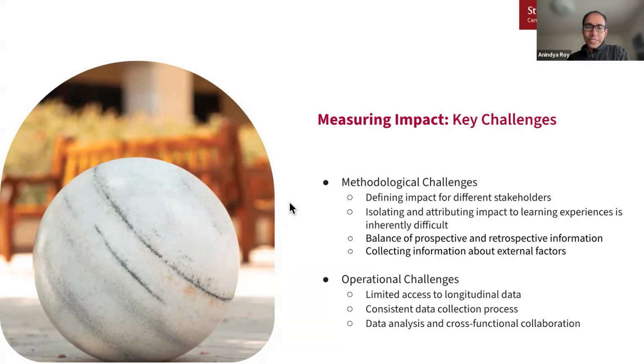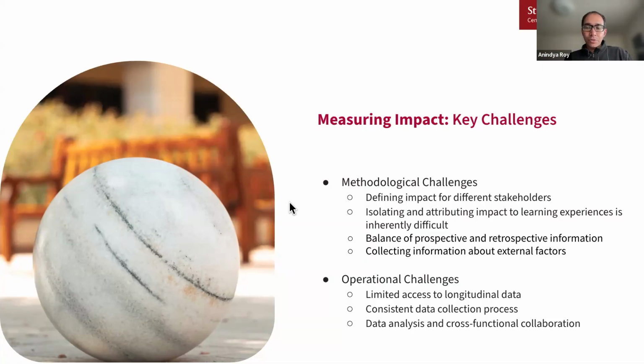However, as Laura also mentioned, we have to balance between prospective information and retrospective information. Measuring impact by definition is looking back and seeing what happened. But if we get to know and get to change the outcome towards something more positive, then we want to do that. So we want to strike a balance between these two goals.